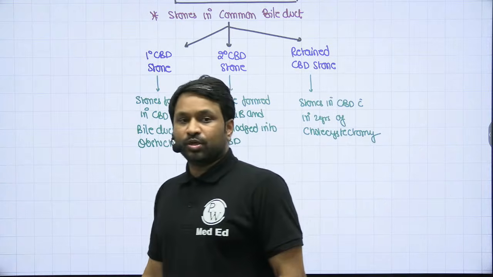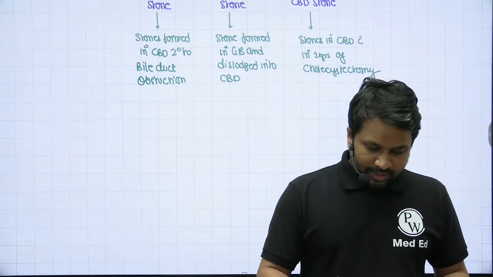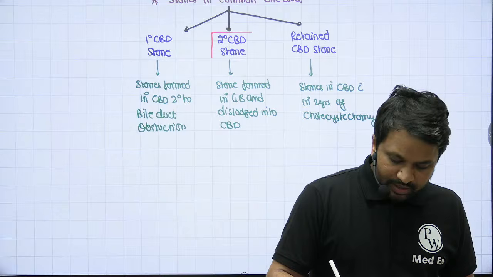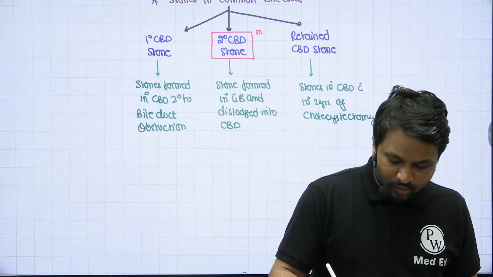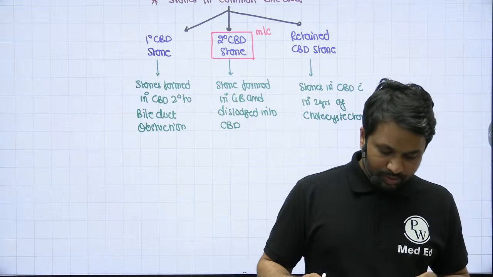Of all these, the usual incidence is of secondary CBD stones, so the most common variety of CBD stone that you will see is the secondary CBD stone.